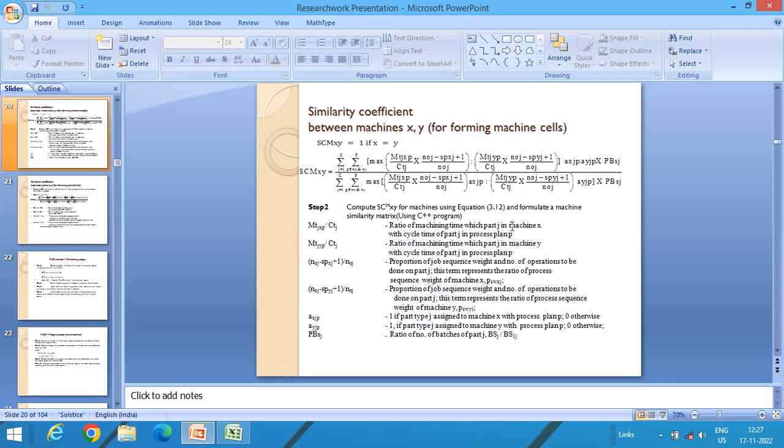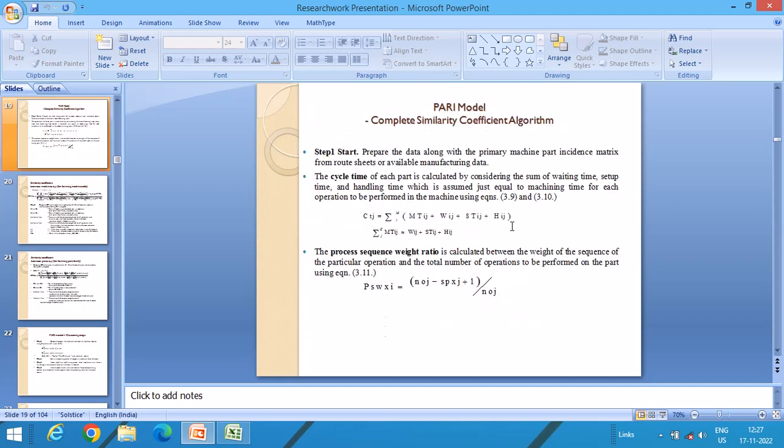So here, I am using the values of manufacturing time as well as the process sequence weightage ratio. Here cycle time will be equal to the summation of I equal to M of manufacturing time plus waiting time plus setup time plus handling time.